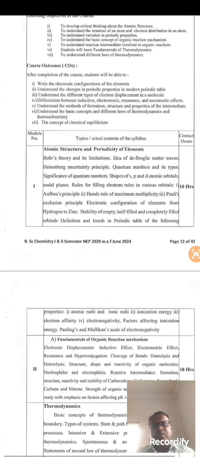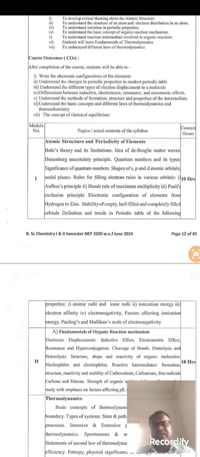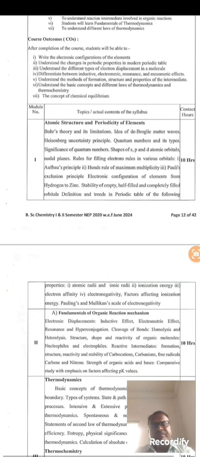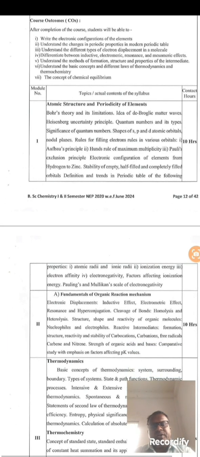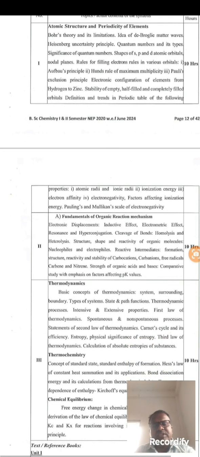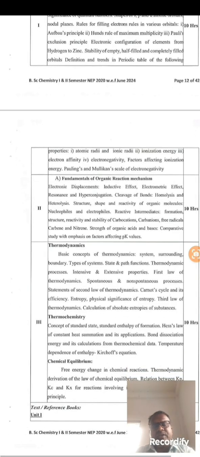First is the Aufbau rule, second Hund's rule of maximum multiplicity, third is Pauli's exclusion principle, electronic configuration of elements from hydrogen to zinc, and stability of empty, half filled and completely filled orbitals, definition and trends in the periodic table of the following properties: atomic and ionic radii, ionization energy, electron affinity, electronegativity, factors affecting ionization energy, Pauling and Mulliken's scale of electronegativity.